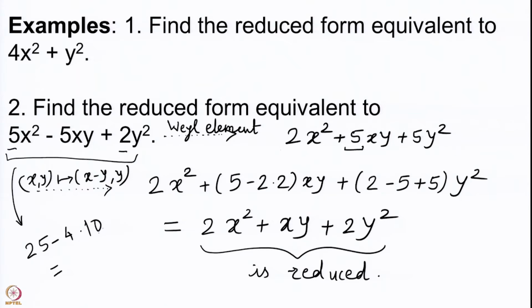So, 25 minus 40 gives you minus 15. And the discriminant here is b square, which is 1, minus 4ac, ac is also 4, so you get 1 minus 16, which is also minus 15. So, it is likely that our calculations are correct, and thus we have computed 2 reduced forms for the 2 positive definite forms that we started with. This is how one would do the calculation.